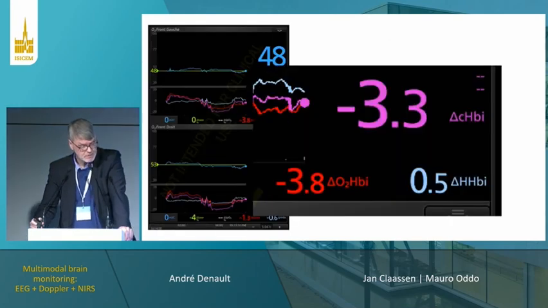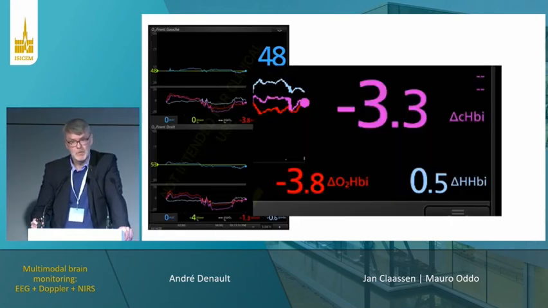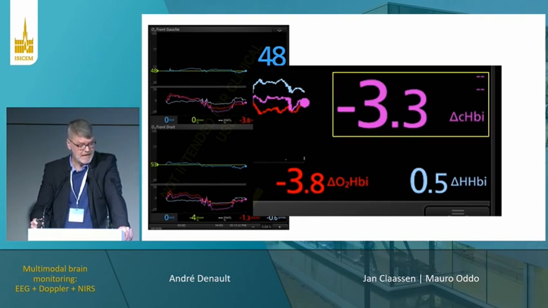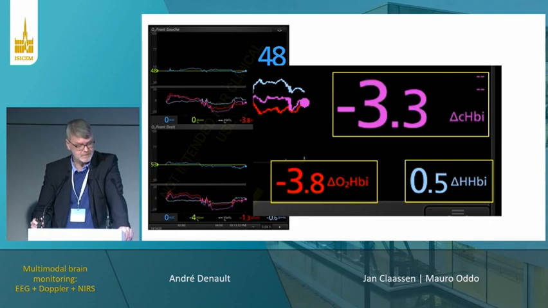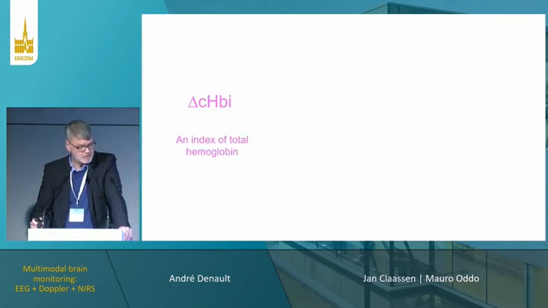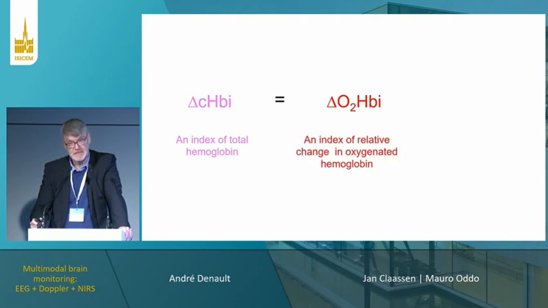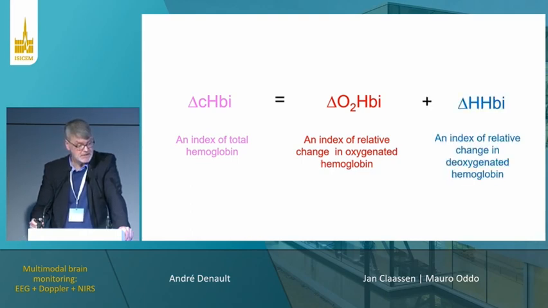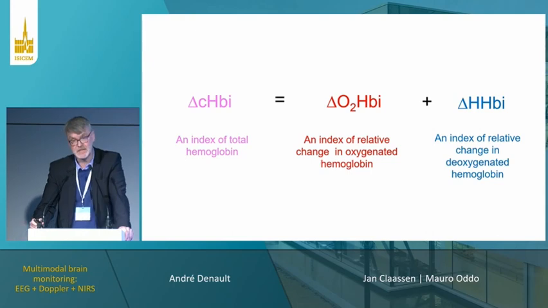And with the second-generation brain monitor, we have this information now. But we don't have the absolute value, we have the change over time. So basically what we're able to say is that the CHBI is basically the total hemoglobin, which is equal to the relative change in the oxyhemoglobin plus the relative change in the deoxyhemoglobin.